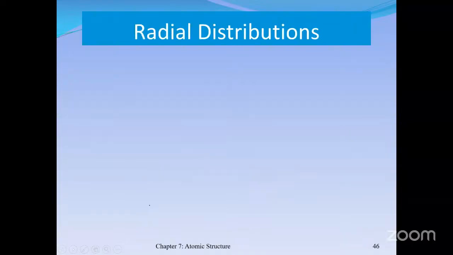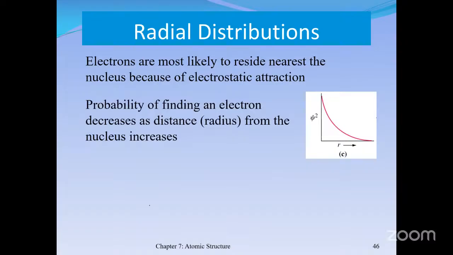So in terms of how these orbitals look, the way we look at them is in terms of the probability of finding an electron in the atom in terms of its distance from the nucleus. And this is what you typically see. I think this is for the 1s orbital, right?